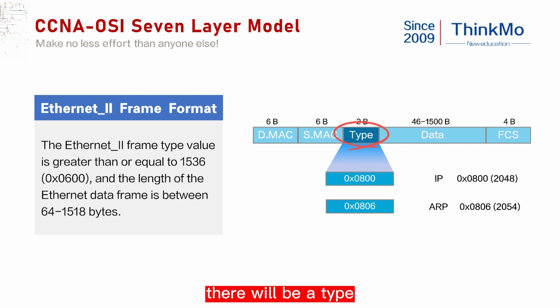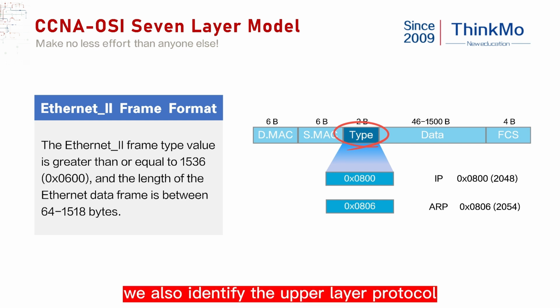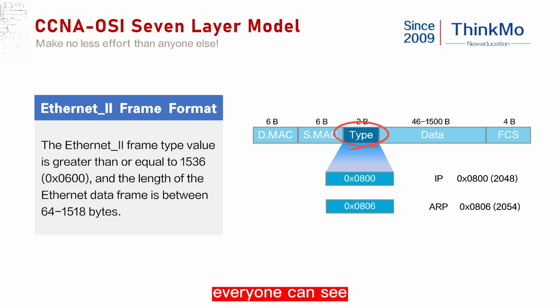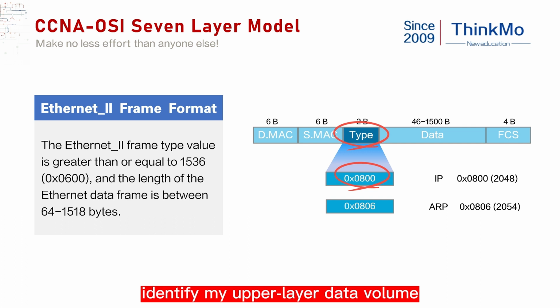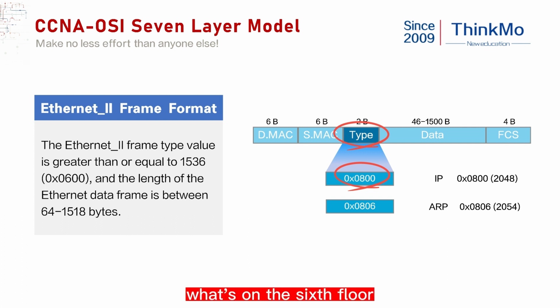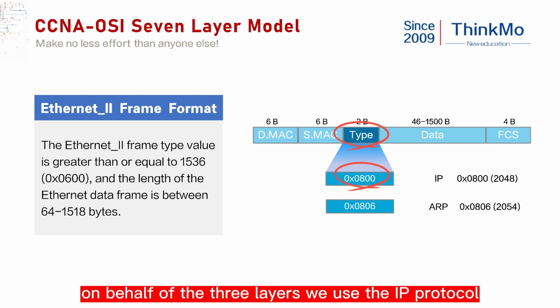There will be a type. In this type, we also identify the upper layer protocol. Everyone can see. If we choose 0800 in this, that is a hexadecimal number. It identifies my upper layer data. What's on the upper floor? Is it 3 floors? On behalf of the 3 layers we use the IP protocol.